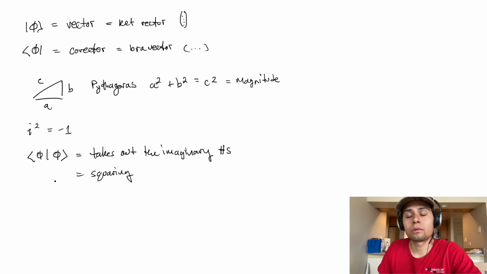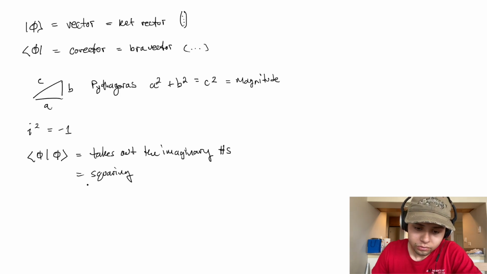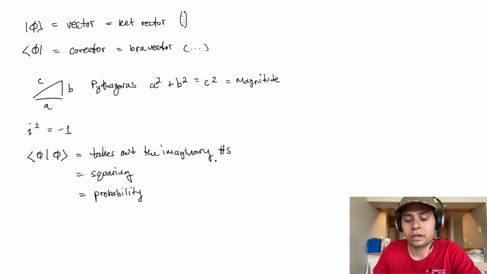It won't change under any transformations. And this in quantum mechanics is equivalent to a probability. So squaring, taking out imaginary numbers, and a probability, they all sort of have the same rationale behind them.